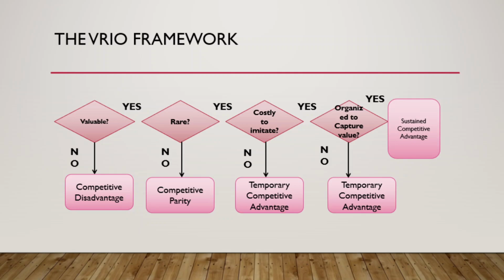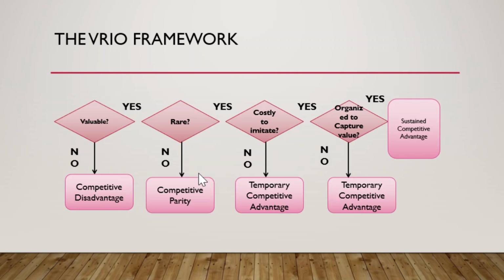Paano ba natin masasabi na yung resource natin is rare? So, our resource is rare only if only one or few firms possess the resource that we have or can perform the capability in the same unique way. So if the resource is common, it will result in perfect competition where no firm is able to maintain a competitive advantage.